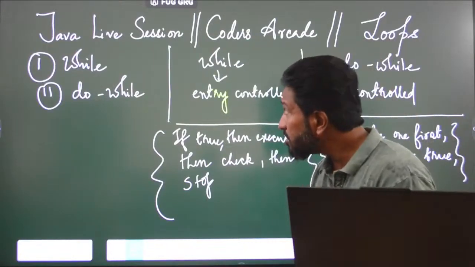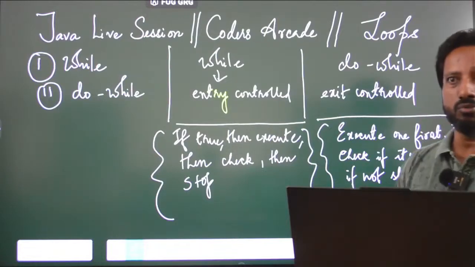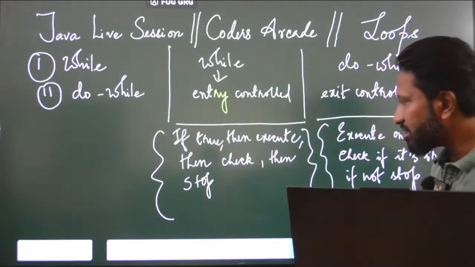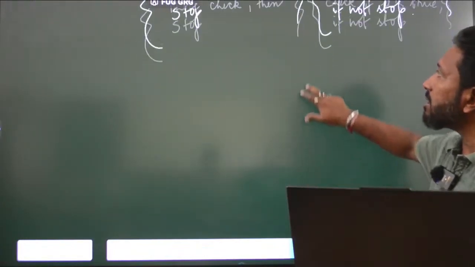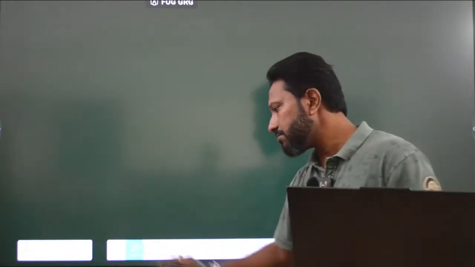Now in today's session we will be talking about another important looping statement, that is the for loop. Let me just move it here and let's try to learn about the for loop now.